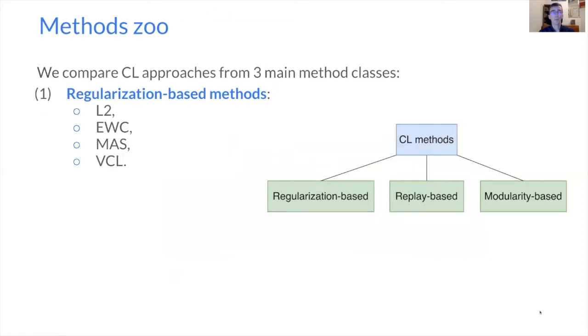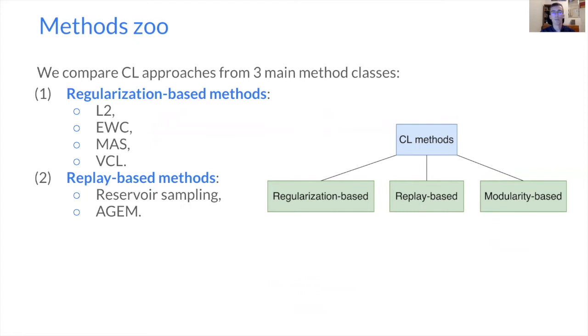We evaluate methods from 3 broad classes of continual learning methods. The first one is regularization-based methods. In these methods, parameters of the model are restricted to stay close to those of the previous version of the model, and this is done by adding some auxiliary losses.